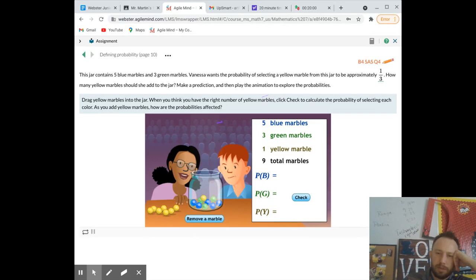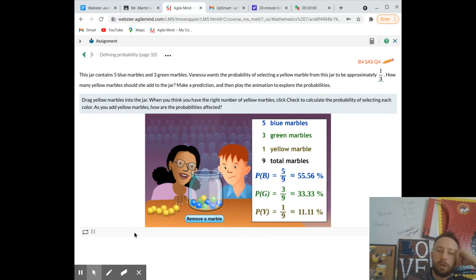What's going to be the probability of getting a blue? 5 out of 8. Correct. Wait, not 5 out of 8, 5 out of 9, because there's now 9 because we added that 1 yellow. All right. What about our green? 3 out of 9. And what would our yellow be? 1 out of 9. Good.